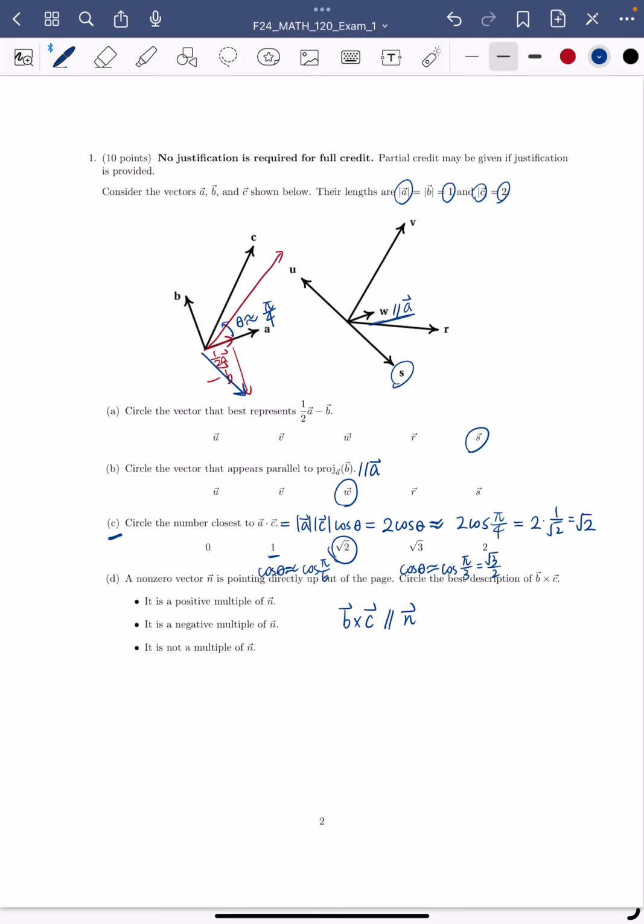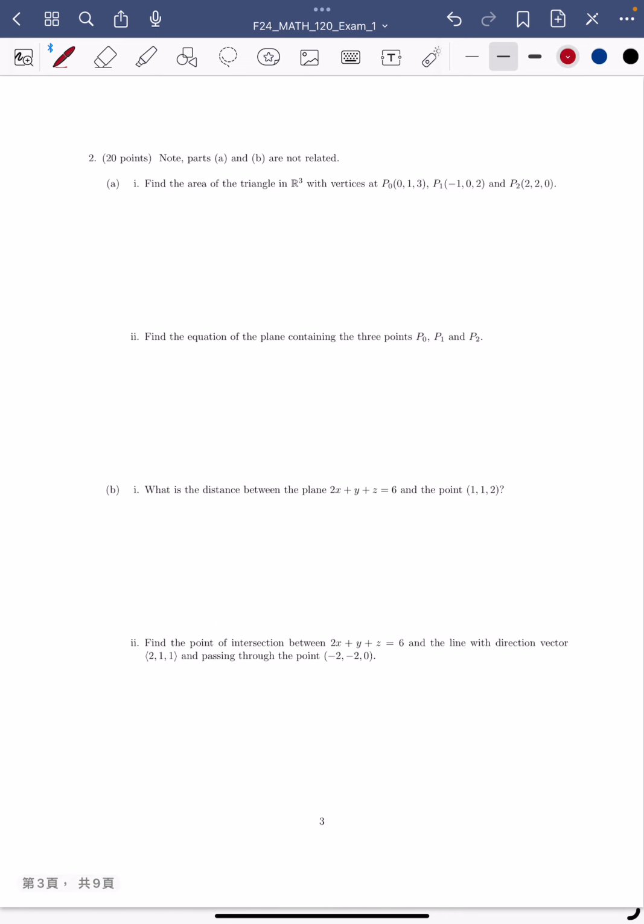And we have to determine whether it is a positive one or a negative one. But we know B is pointing towards C clockwise. So it is a negative something times n. Okay, we can move on.